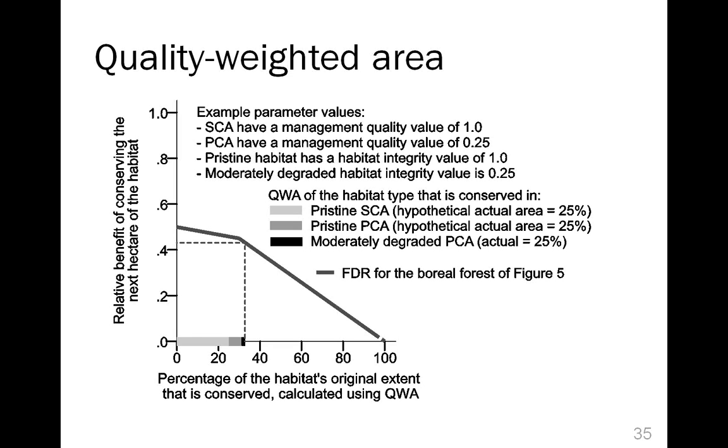That second one might be conserved in the fact that it's not a shopping mall right now, but it's not as conserved as wilderness. But this function allows you to incorporate that shade of gray, and so it allows you to figure out where you are on this x-axis based on the quality of the habitat that's being conserved.